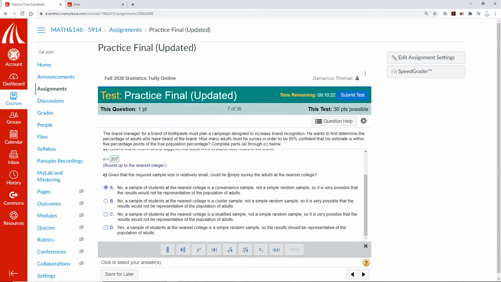If you simply survey the adults at the nearest college, why the nearest college? There is some convenience in that. And so that's kind of what they mean by convenience sampling, that it's relatively easy to access. So keep that in mind. Had they not used the word nearest and simply said college, then it probably would have been stratified. But again, we need a little bit more information in this type of problem. But the correct answer is A.